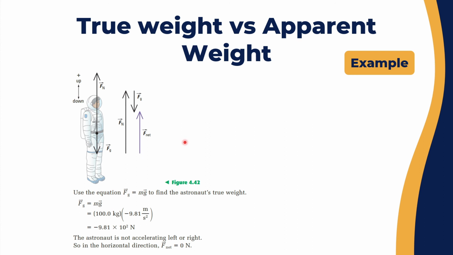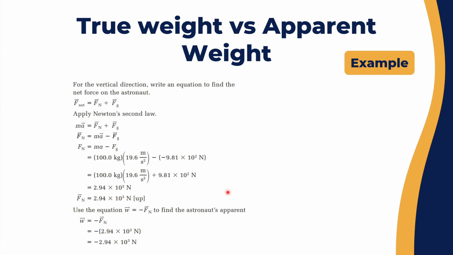Now, using the equation Fg equals mg, we find the true weight easily. We have the mass and the gravitational acceleration. That gives the true weight of the astronaut, minus 9.81 times 10 to the power 2 newtons. The astronaut is not accelerating left or right, which tells us that in the horizontal direction the net force equals 0, of course.